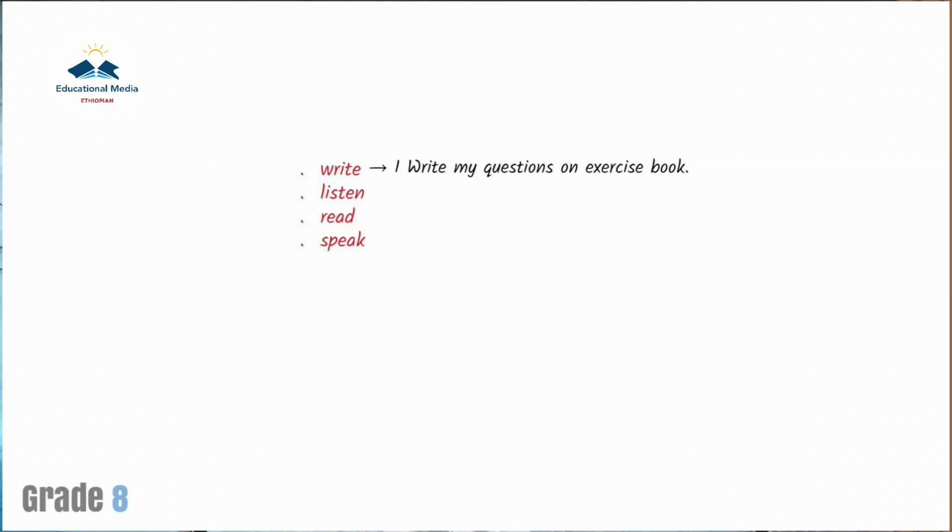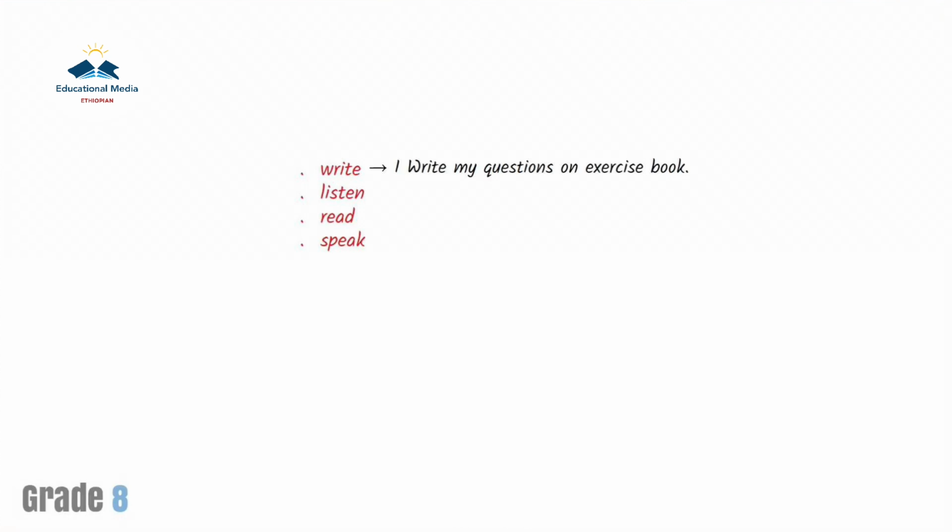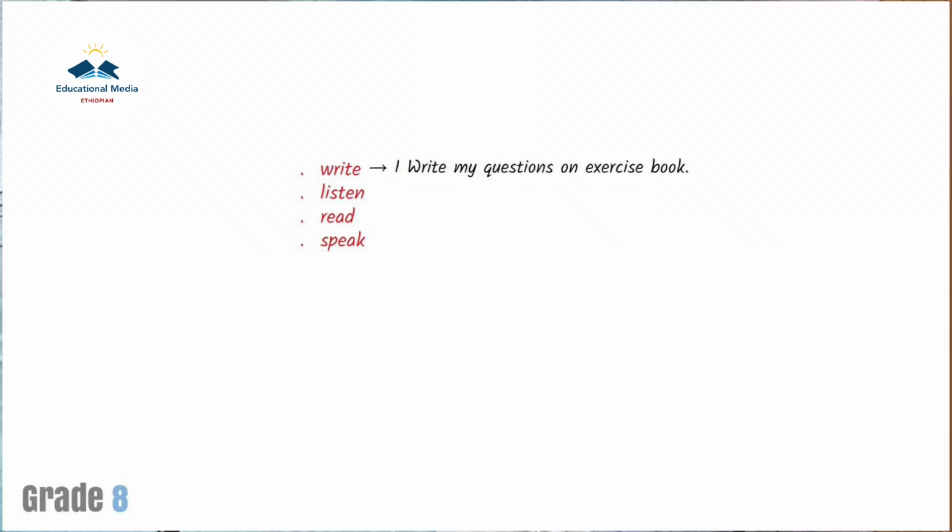So I write a letter to my father. I write a letter to my mother, right? So write is very important in your day-to-day activity. What do you write? You may write, okay, what you are going to have for today's lunch. What do you need today? List down what you need for the coming breakfast, lunch time, or maybe dinner. You list down, it's okay?